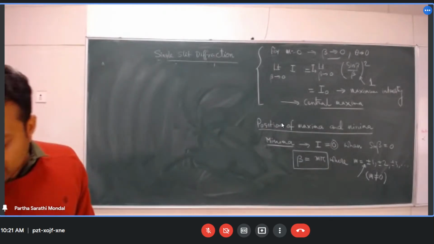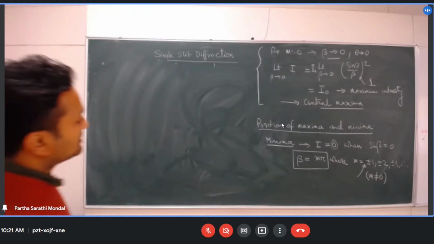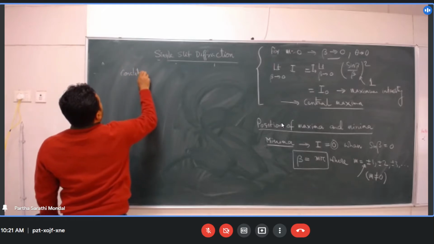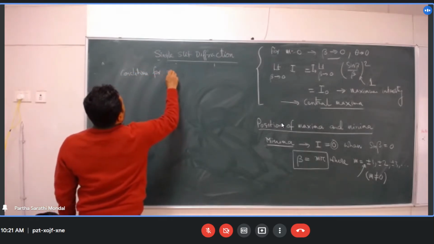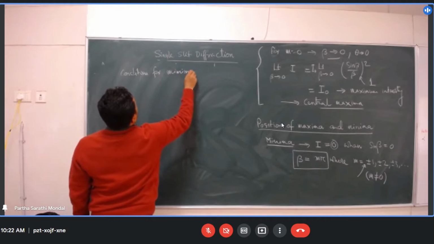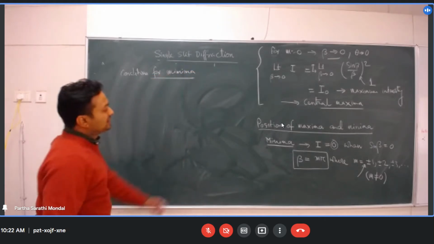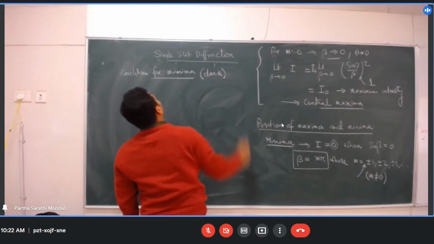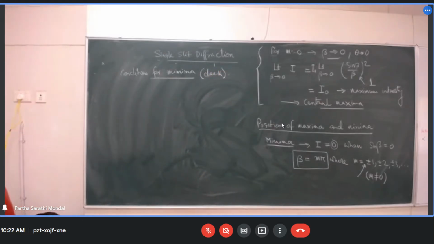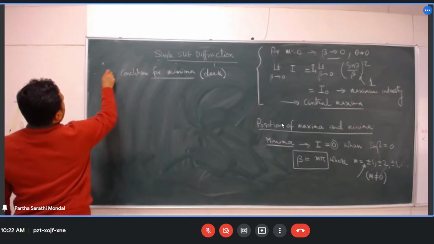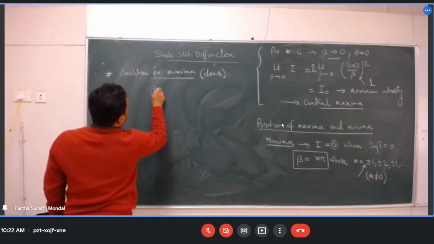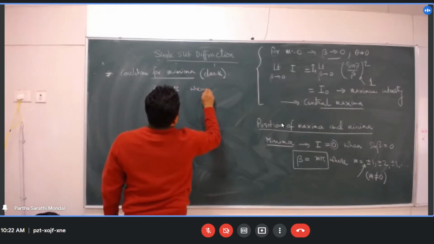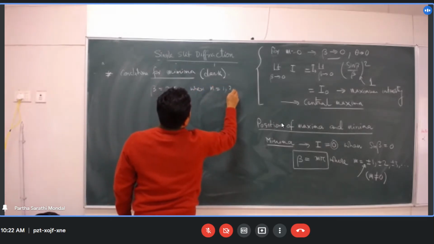So now, if I put this one, the condition for minima: here the minima is dark, because I equal to 0, so completely dark. So that is actually beta equal to m pi, where m equals 1, 2, 3 like that.